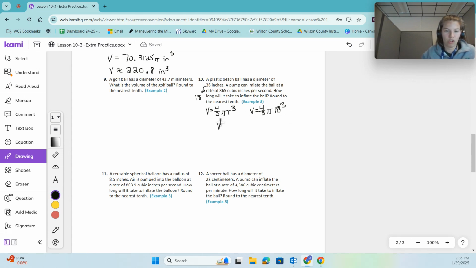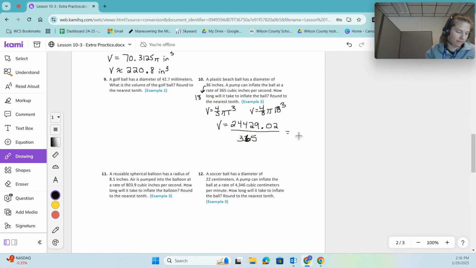and the volume is going to be 24,429.02447. If it pumps at a rate of 365 cubic inches per second, we are going to take this number and divide by 365 to figure out the number of seconds.